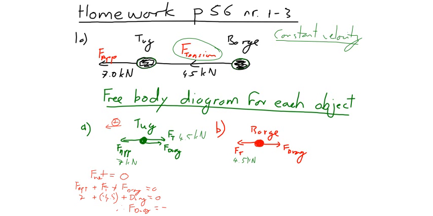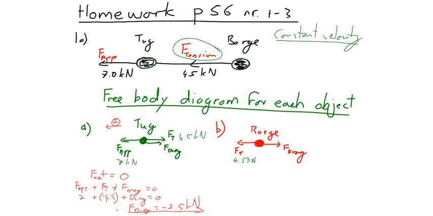Is that correct? I hope so. My math shouldn't let me down at this point in time. So drag force is negative 2.5 kilonewton. Okay, so easy enough to find that one.